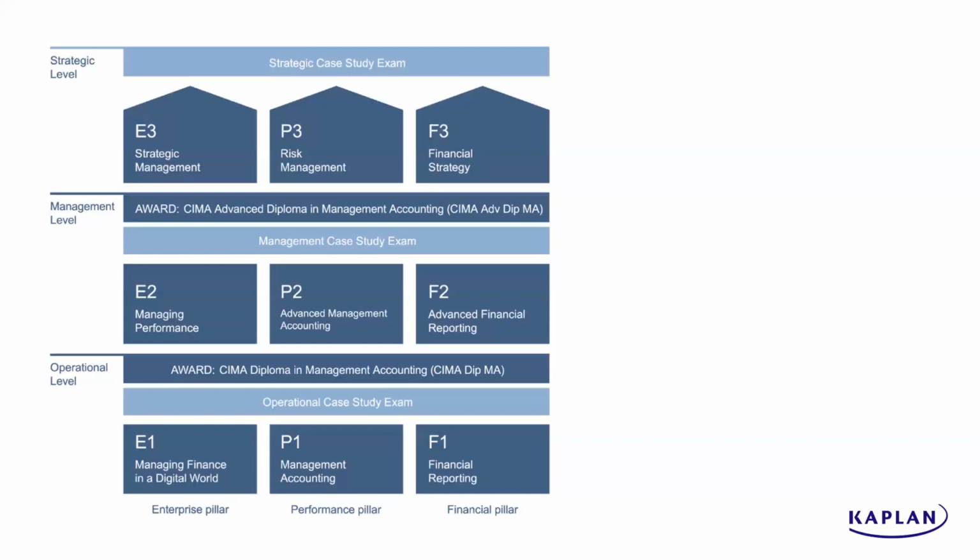This exam will test you on aspects of E2, P2, and F2. It's very much an integrated exam involving a lot of application of knowledge from those individual E2, P2, and F2 disciplines. I'm not going to say any more about that as part of this session because I want to focus on the F2 Advanced Financial Reporting paper.